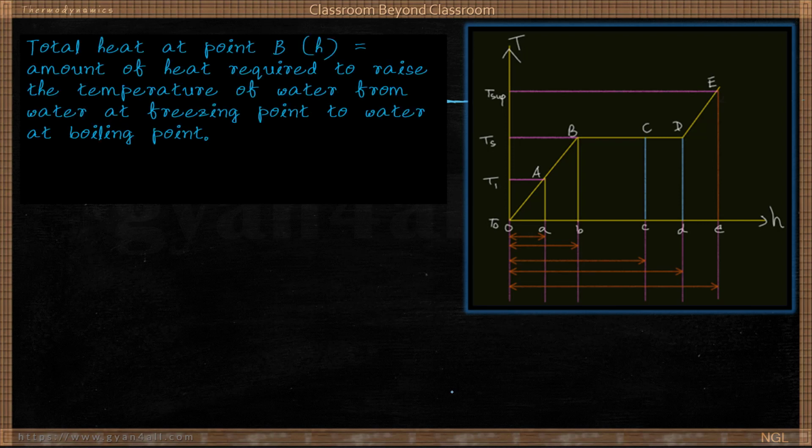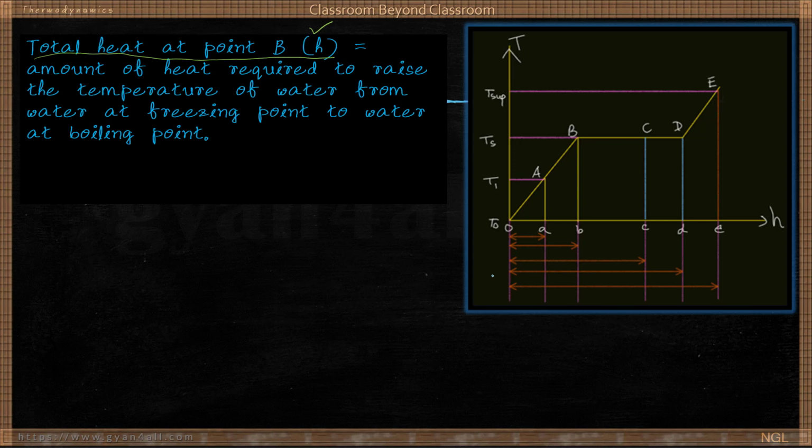Now we will discuss this. We want to find out the total heat at point B, and that we represent by H. If we want to define the total heat of water at point B, it is the amount of heat required to raise the temperature of water from freezing point to the boiling point.